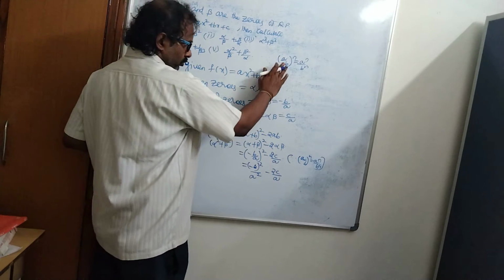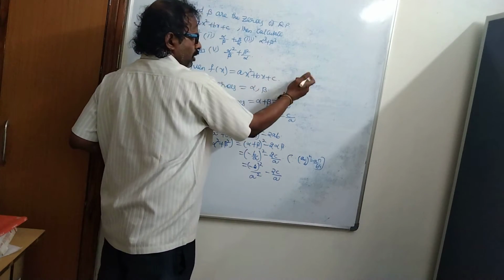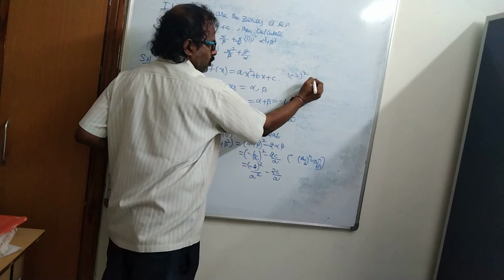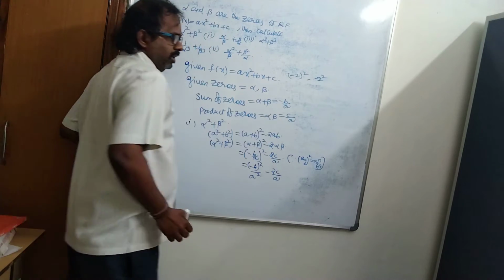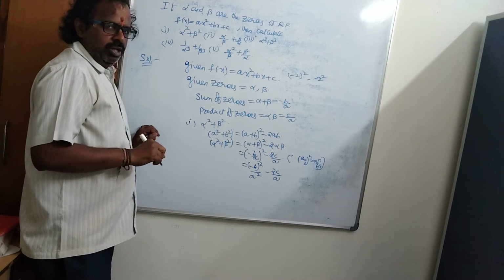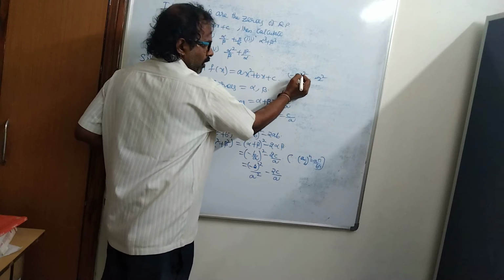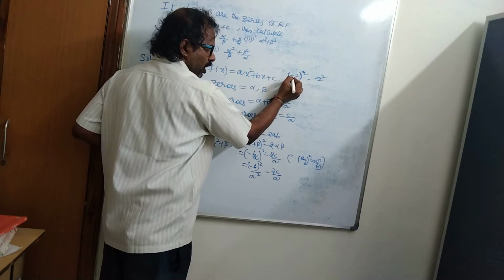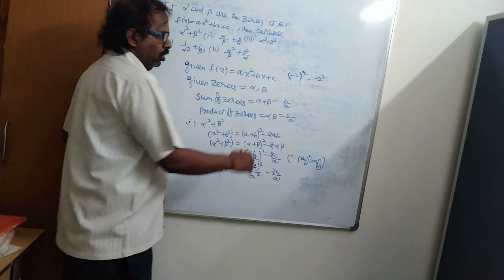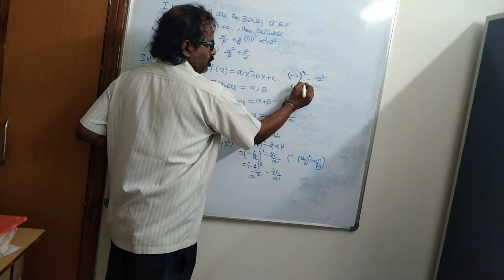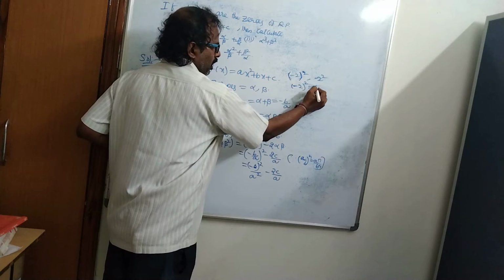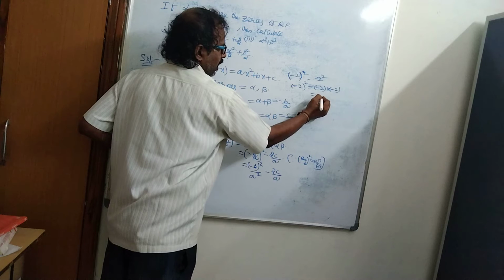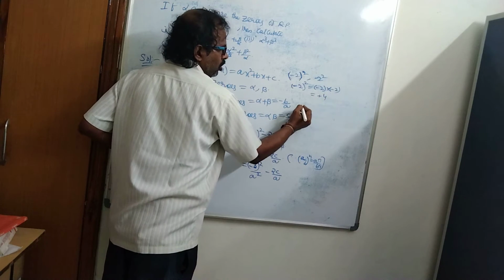Now most of the students, see I will give an example: minus 2 whole square and minus 2 square. There is a lot of difference between these two. When you are keeping the brackets, the square is applicable even for the minus sign. So when you write minus 2 whole square, that means minus 2 into minus 2, so minus into minus is plus, 2 2s are 4.